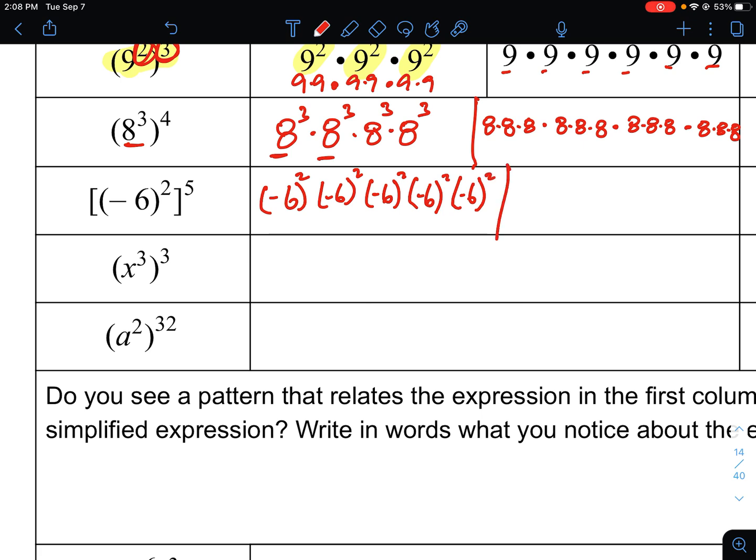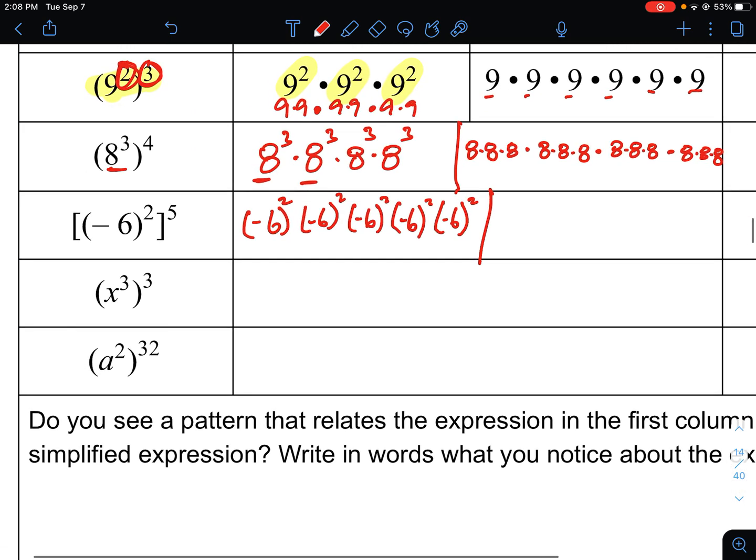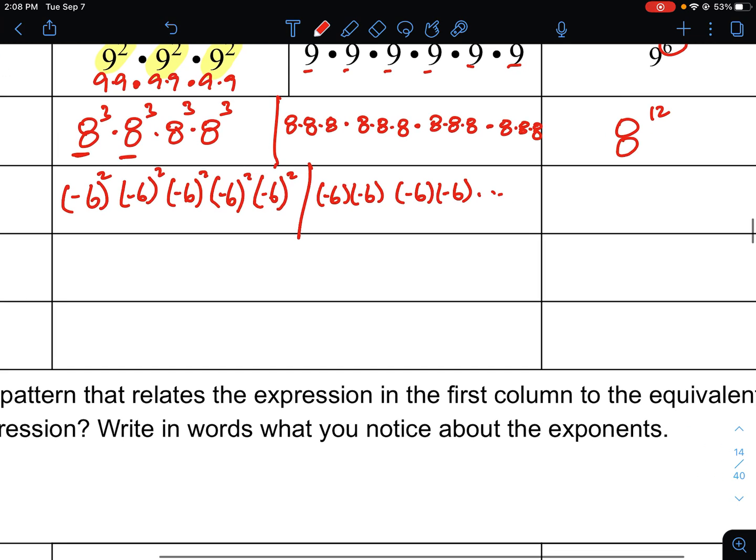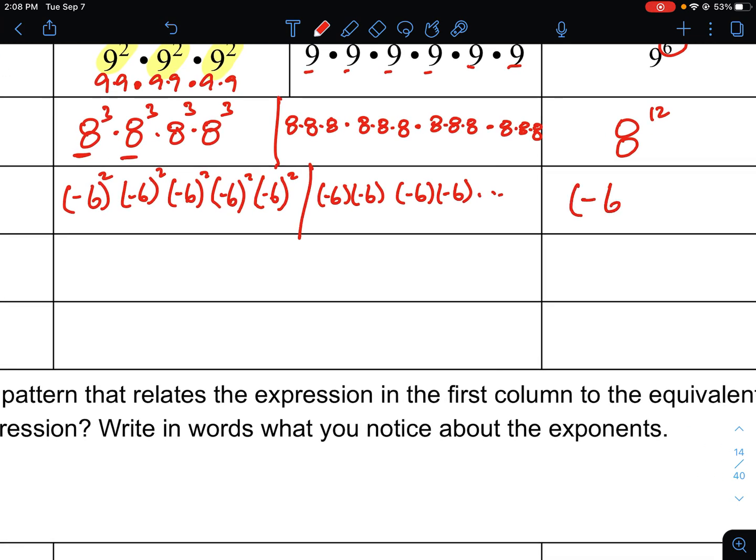Now, what I can do is write this like -6 squared is just -6 times -6, and ultimately I'd have to do it 10 times. But let's just keep it simple. You've already figured it out. It's -6 in parentheses to the 10th power.